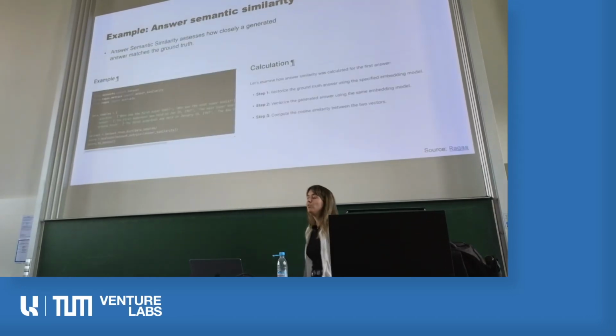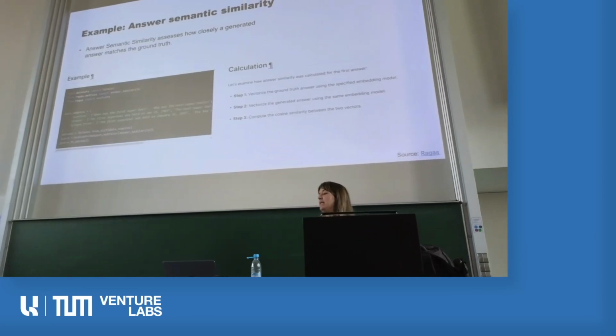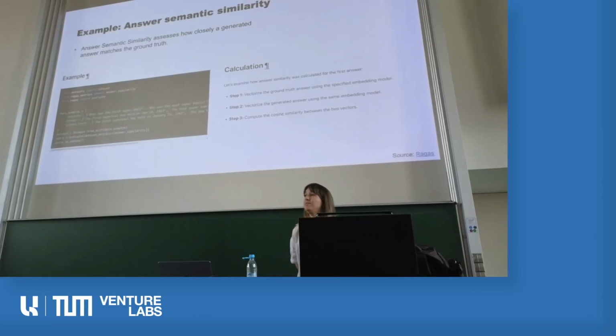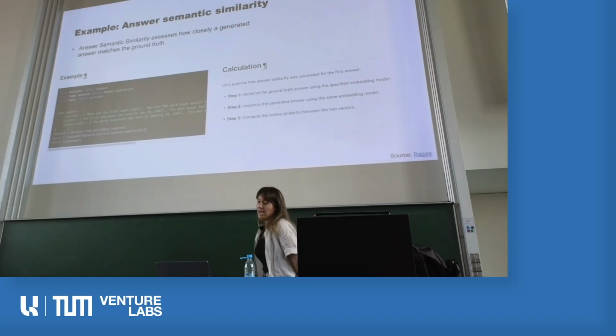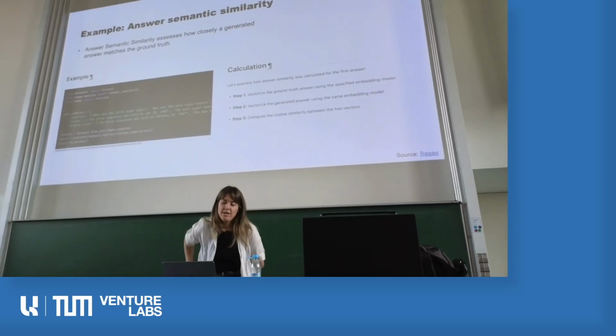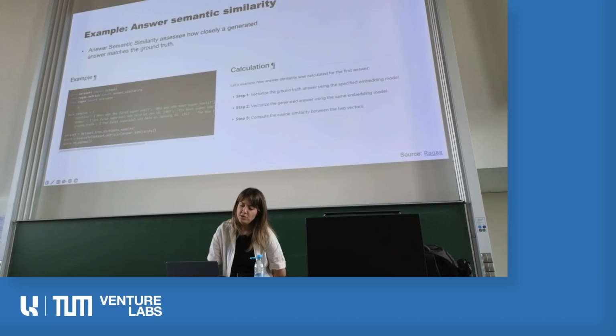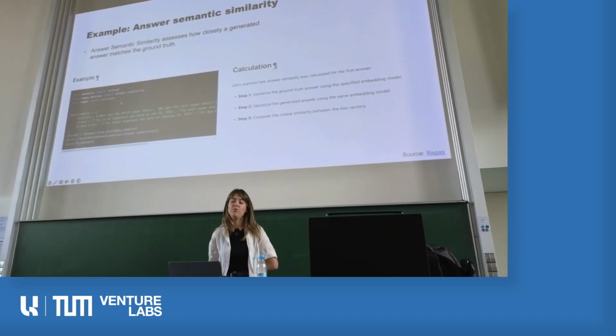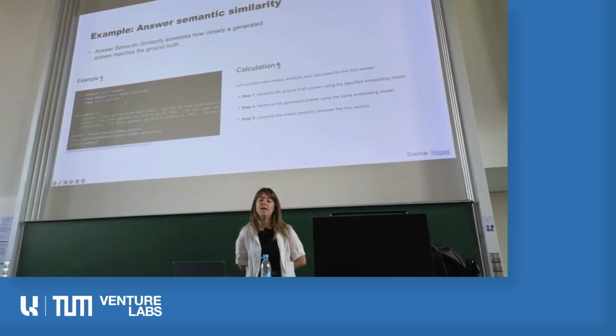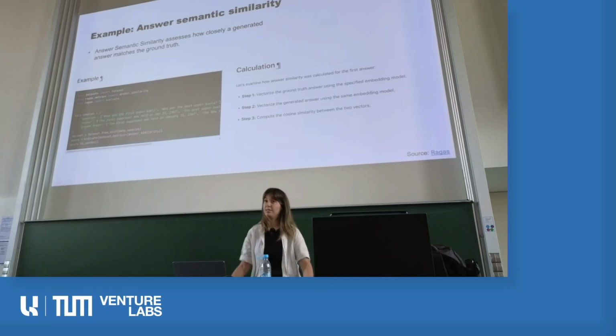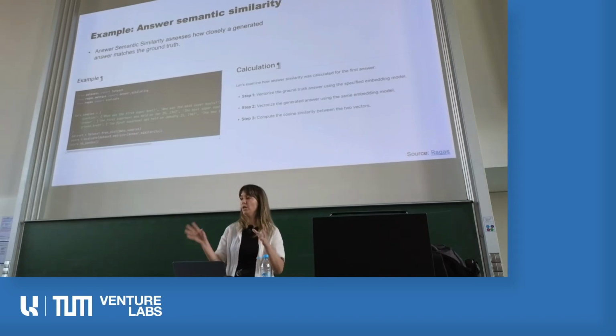Here, I wanted to showcase an example. I mentioned a lot this semantic similarity. There is this library out there called Ragas, which I highly suggest to check. It's really straightforward, open source, and you can use it to measure, for example, the semantic similarity between two outputs.